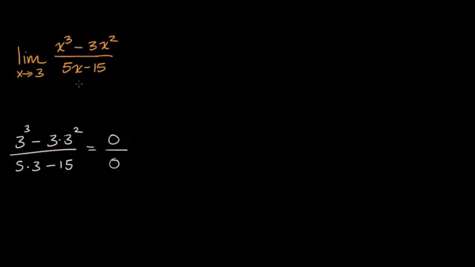But even though the expression is not defined, let's see if we can get a sense of what the limit might be. To do that, I'm going to set up a table. Actually, I'm going to set up two tables.